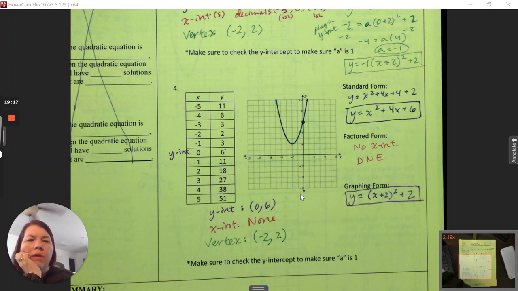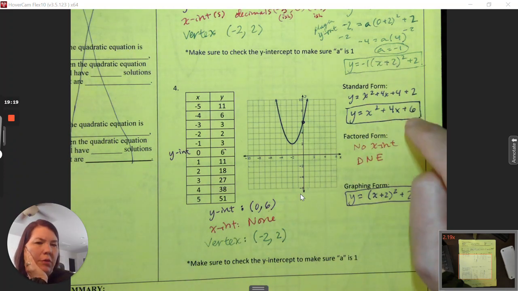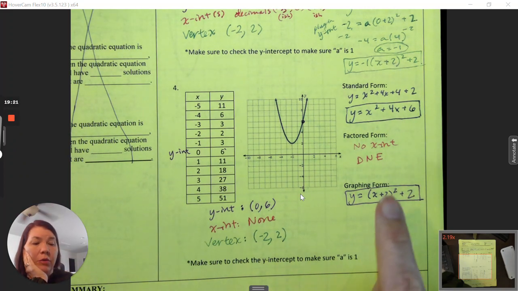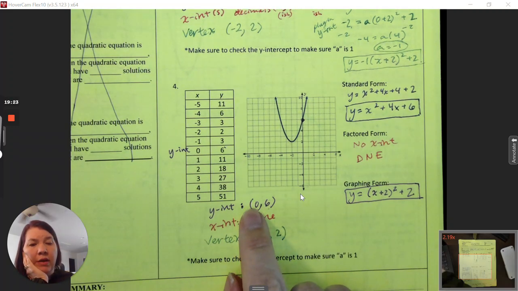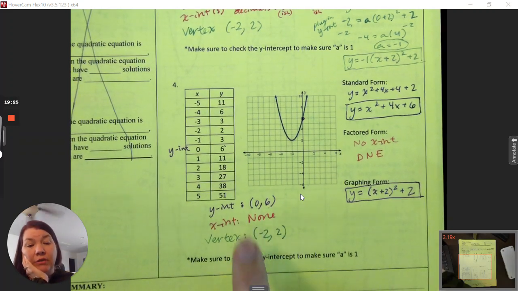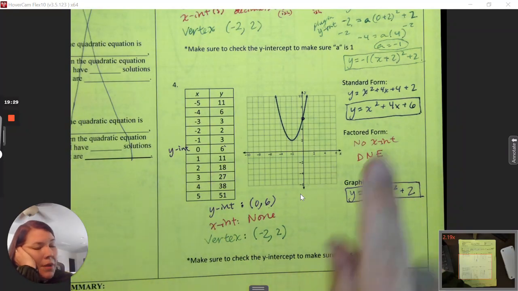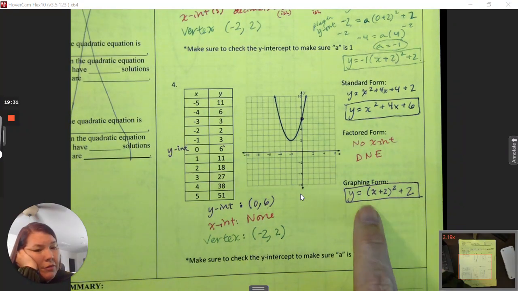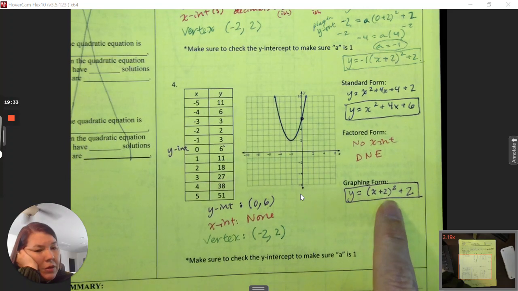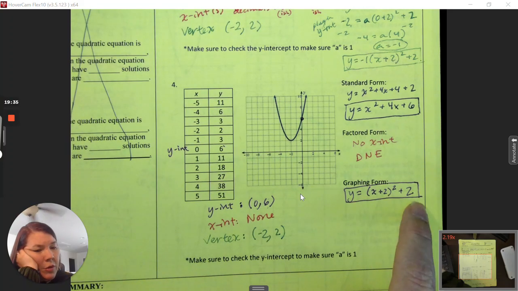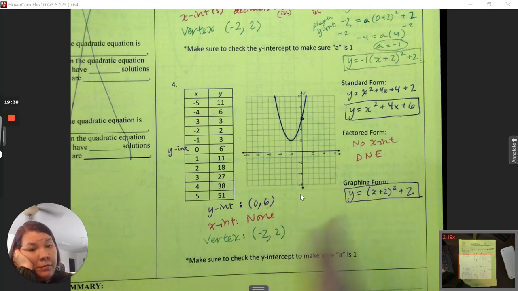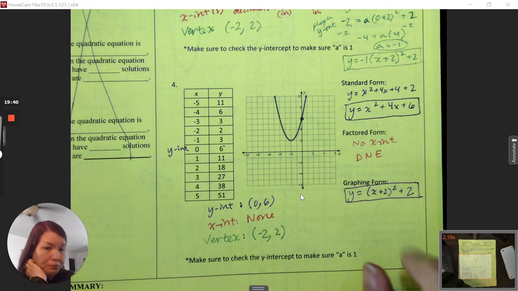All right, so we have standard form. I started with graphing form. I noticed that there was a y-intercept of 6. There were no x-intercepts. The vertex was at -2, 2, which is the same vertex as the previous problem. So I started with graphing form, (x plus 2) quantity squared plus 2. I did verify by plugging in that I would get 6 out for my y-intercept.